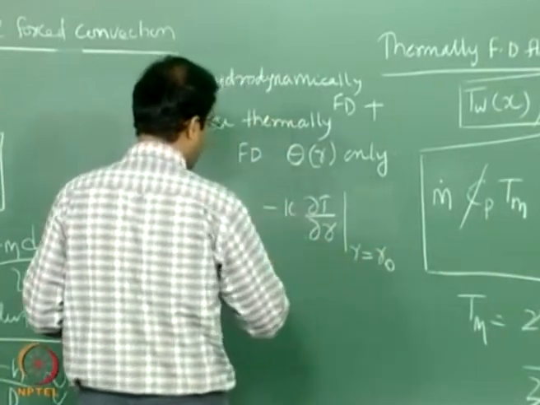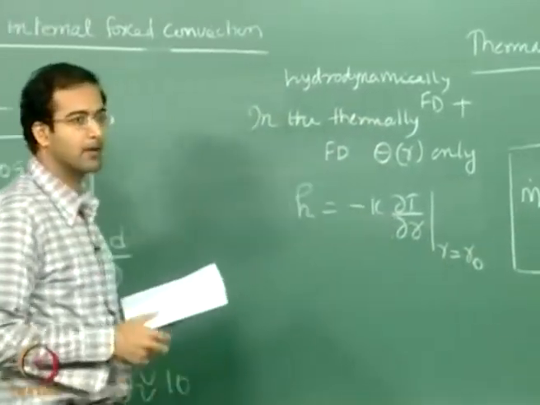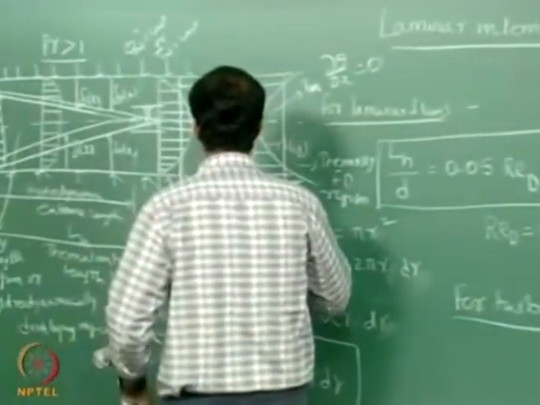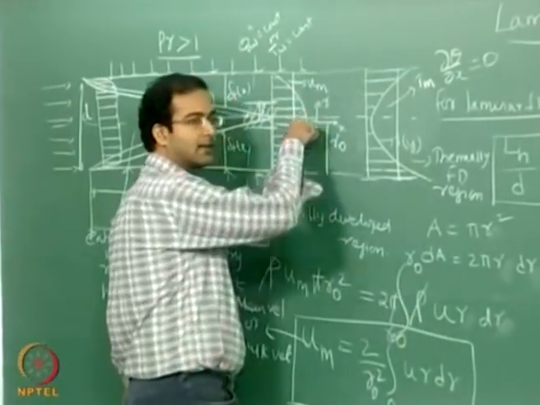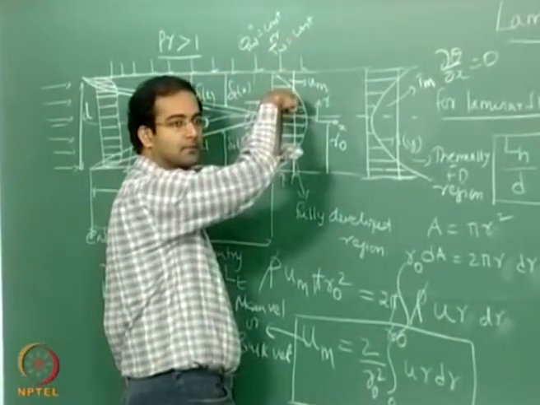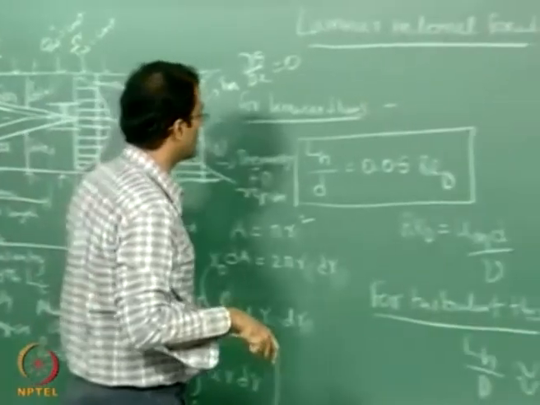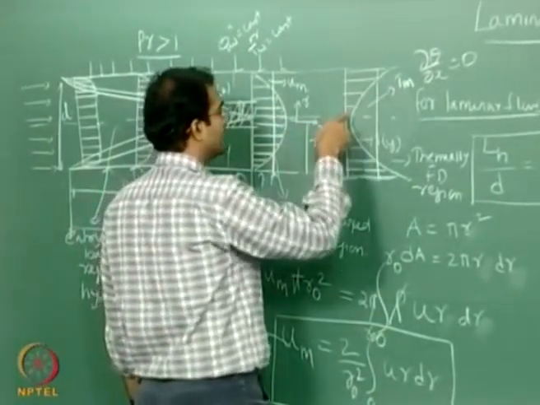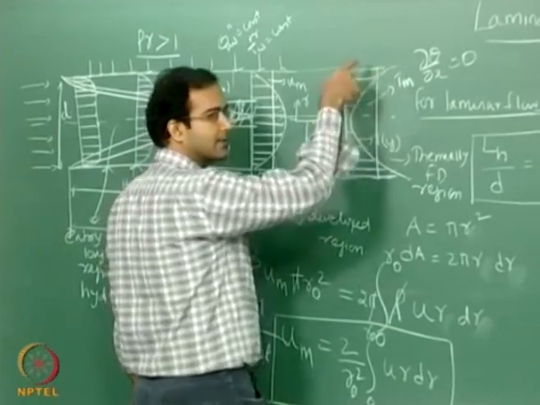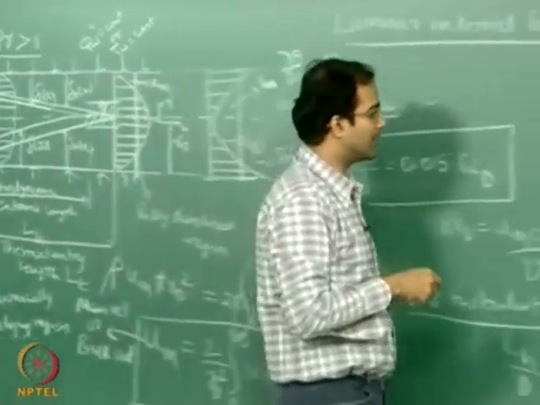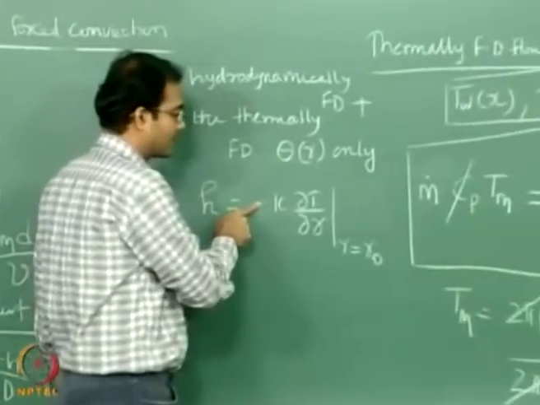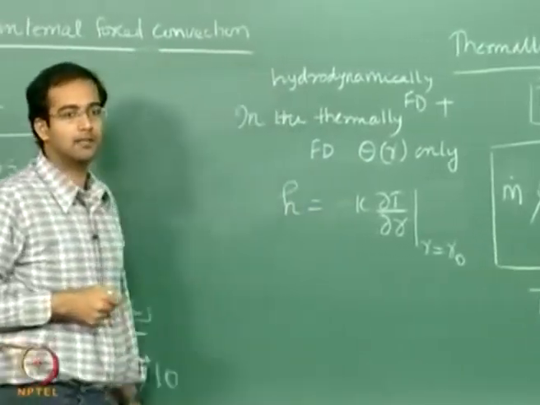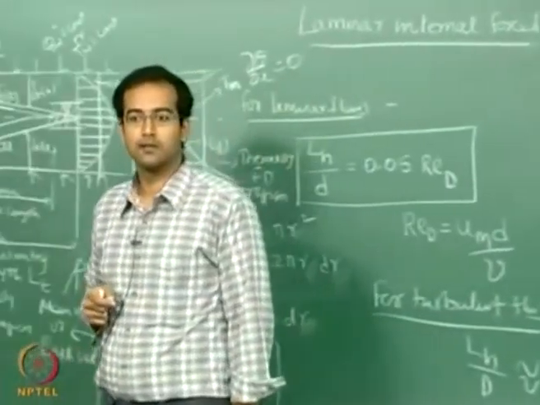Now you have to be careful with the sign, because the coordinate is going from the center, it's not coming from the wall. The temperature increases with increasing r, so you don't have to put this negative sign here, the gradient will be positive anyway.